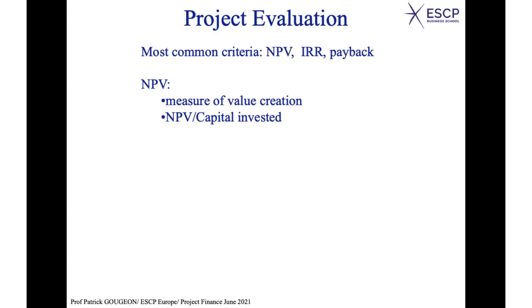If you invest 1 million euro, okay, and the value of future cash flows, discounted cash flows indeed, is, let's say, 1.2 million, it means that the 1 million which you spend is immediately transformed into 1.2 million because of the project. In other words, if you transform 1 million into a value of future cash flows which is 1.2 million, it means that your project will create 0.2 million of additional value.